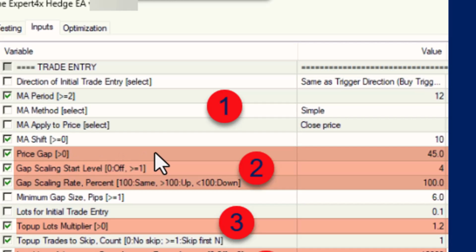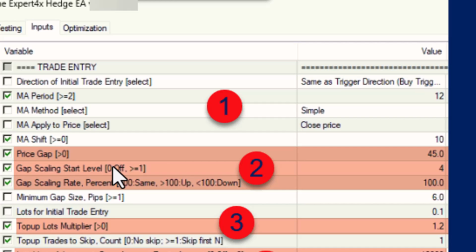Now, when the initial transaction does not reach its targets and it starts going negative, then we top that initial trade up in the same direction that the initial one was at certain price levels, and those price levels are very similar to grid trading, and we talk about the differences between the first price level and the second price level as a gap.